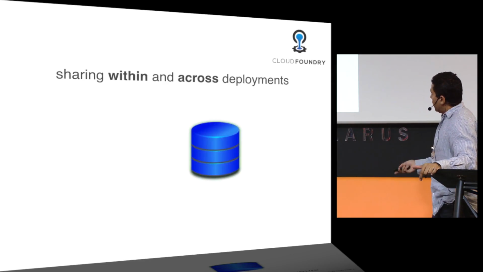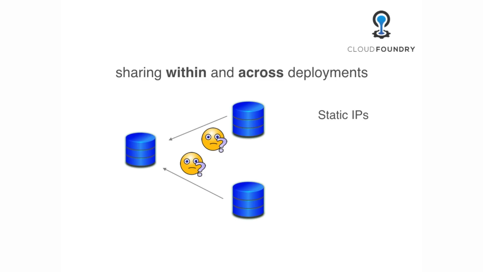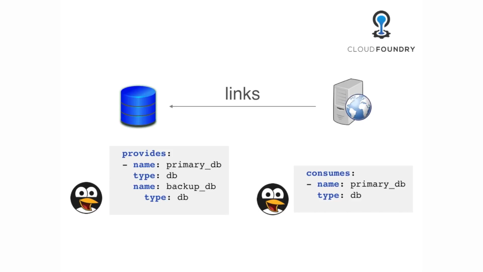So you're sharing across deployments, right? You need to know the IP. You could use a static IP, or if you have dynamic IPs, even better. When you use a link, you say this guy is providing, and this guy is consuming.